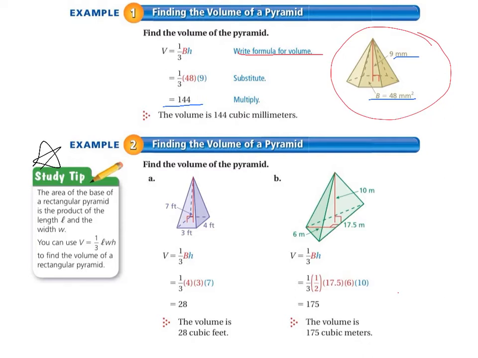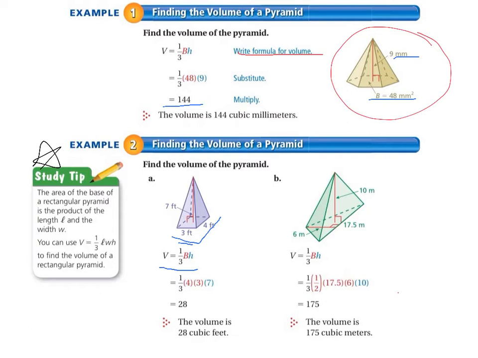Example 2. We're finding the volume of a pyramid again. Now, in this one, we again write the formula for volume here, and then we need to look up and see which numbers we put into our formula. So we have 1/3, and that B stands for the area of the base, which is down here, which is that rectangle on the bottom.